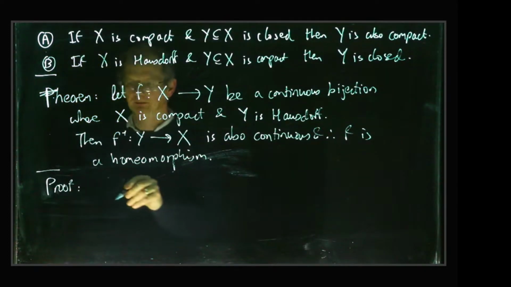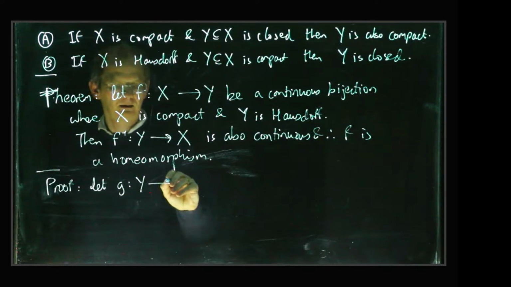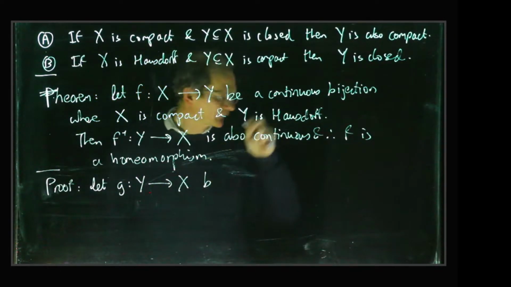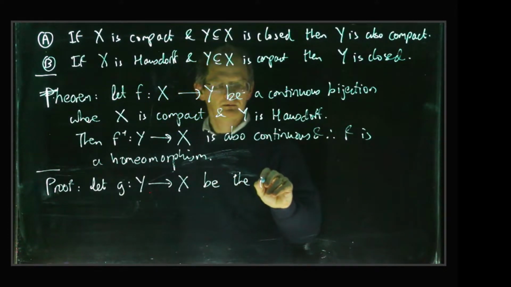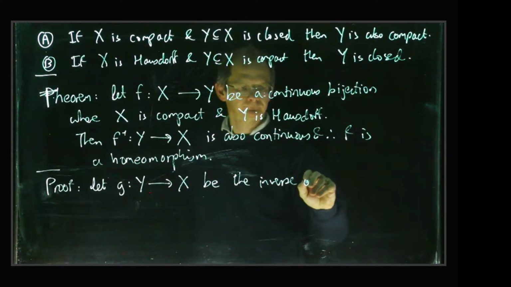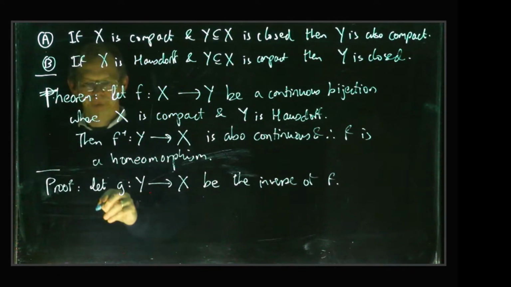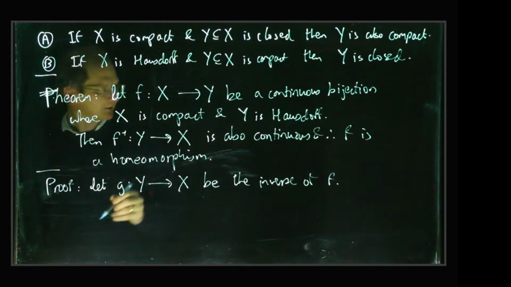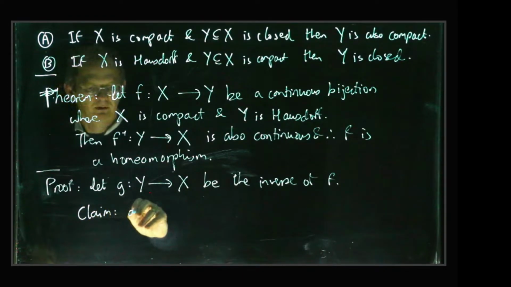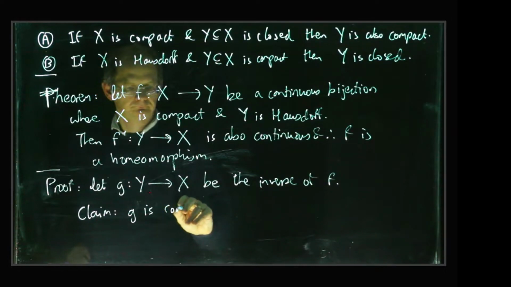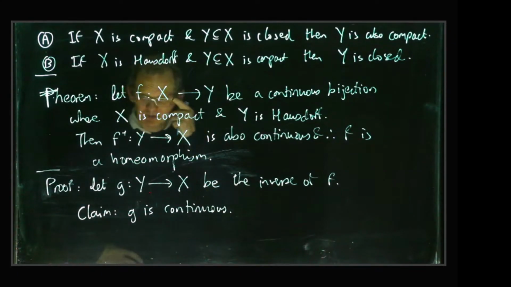Okay, so we'll use the symbol g for the inverse of f. So we want to claim that g is continuous.